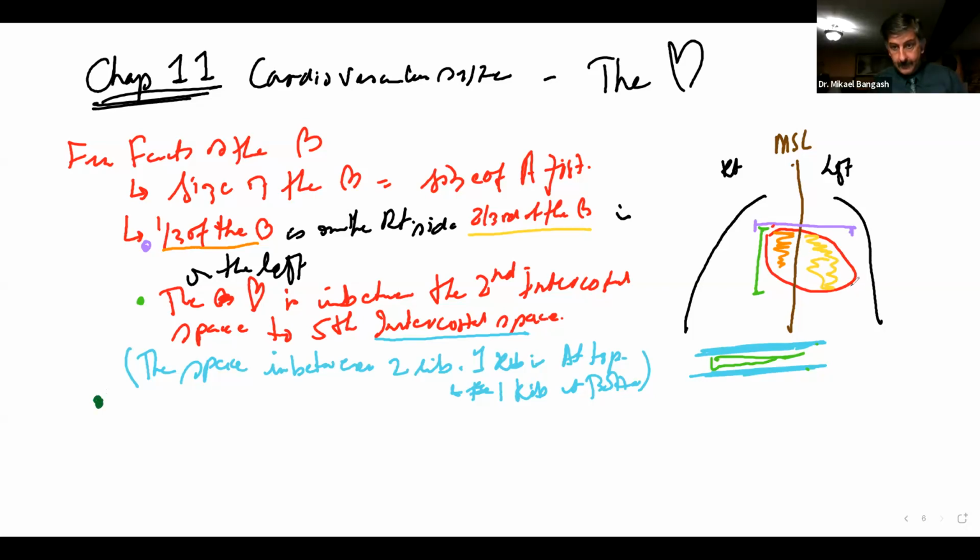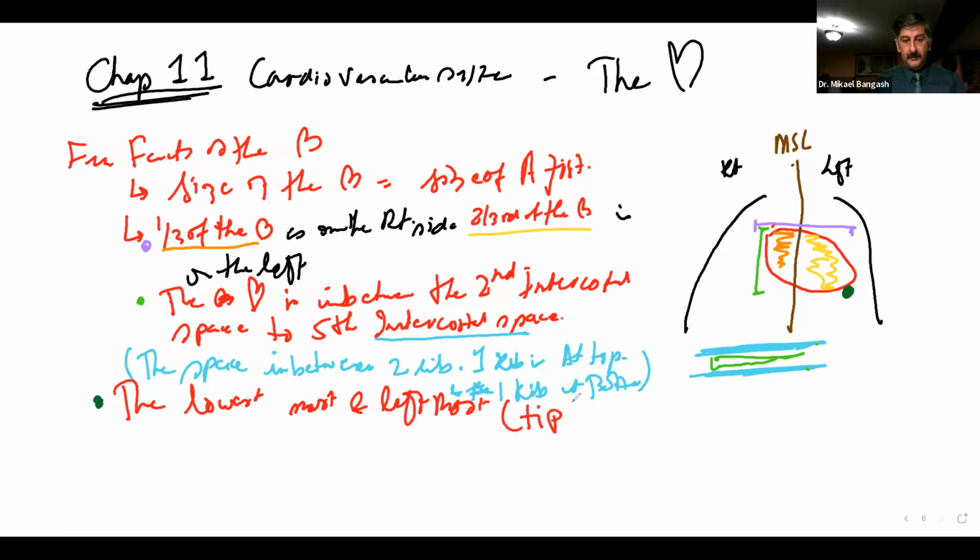The lowest and leftmost point, which is the tip that we have marked with this green point here, of the heart is known as the apex. Is that clear?